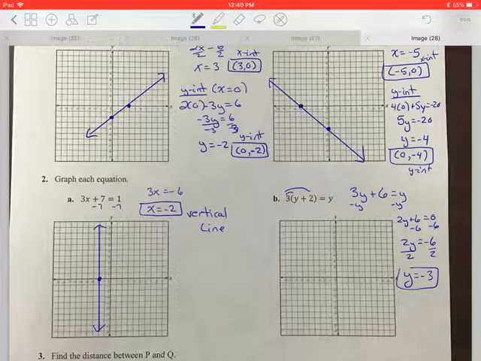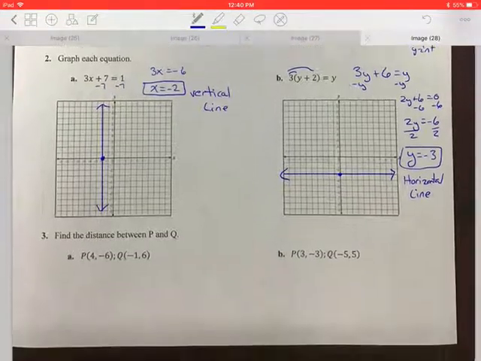So here's my simplified equation. If my x's drop out and I have only y's, that is going to be a horizontal line. All right, so I find the y-axis, I find where negative 3 is, and then I'm going to draw the horizontal line that goes through that point.